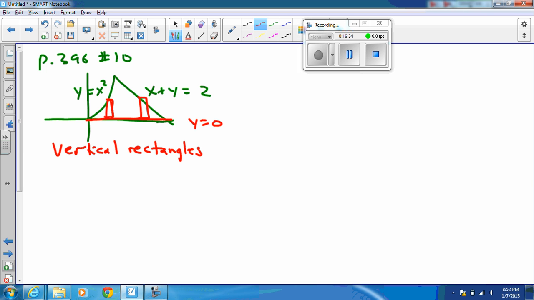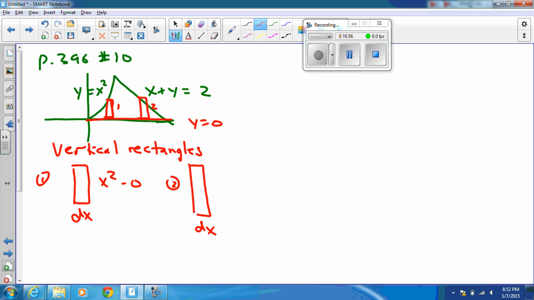Here's one representative rectangle right here. Here's another one right here. If you'll allow me to label these 1 and 2, vertical rectangle number 1 has a width of dx, and it has a height of x squared minus 0, top minus bottom.